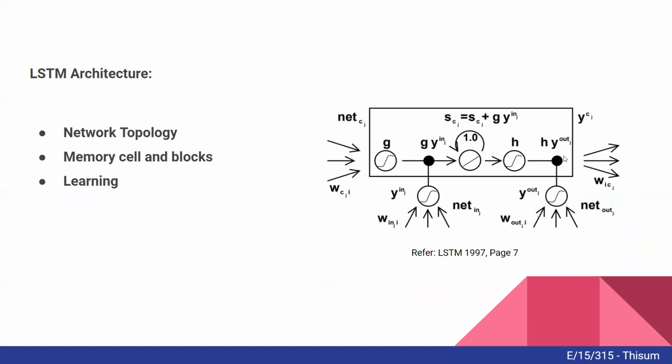This is the LSTM cell given in the research paper, and to understand the functionality, let's discuss the following terms. As for network topology, they have used networks with one input layer, one hidden layer, and one output layer. The fully self-connected hidden layer contains memory cells and corresponding gate units.